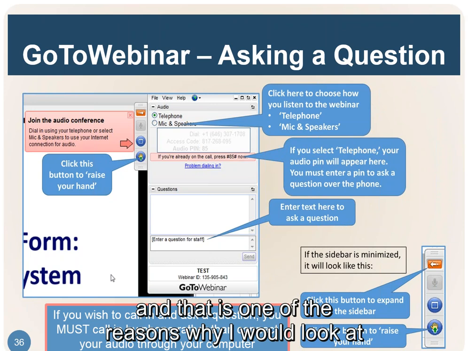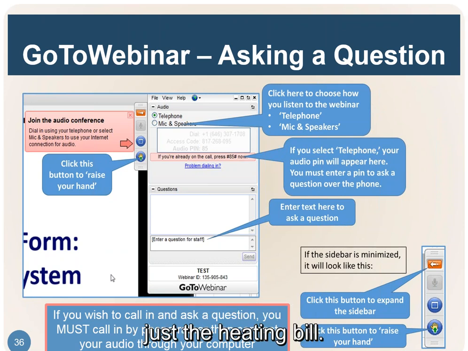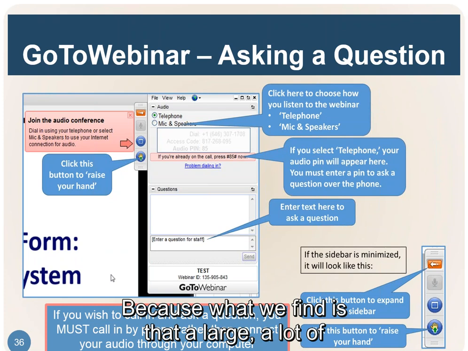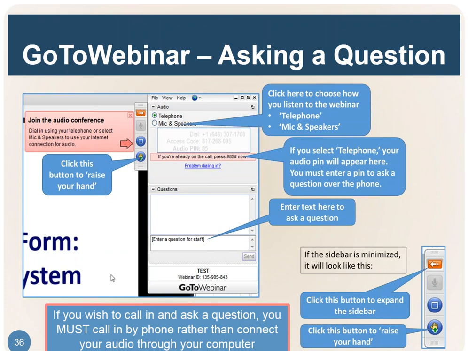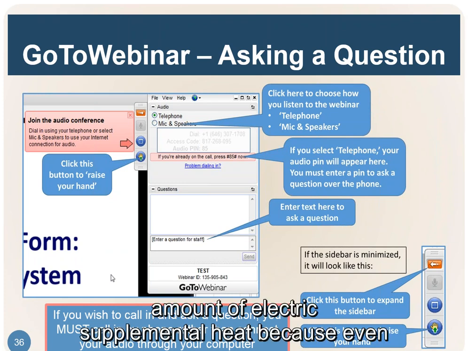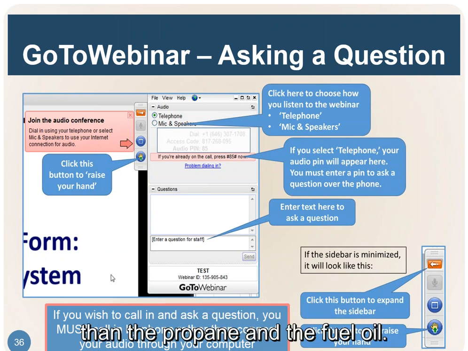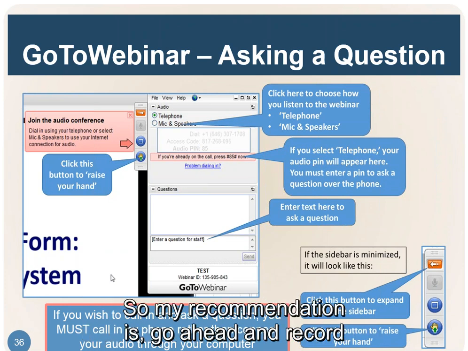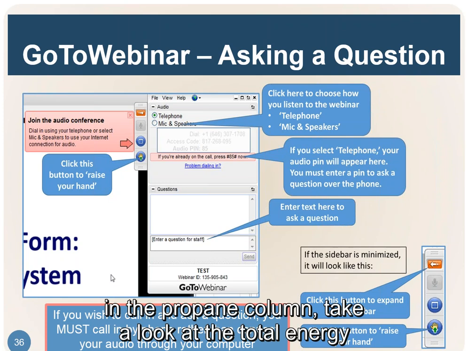And that is one of the reasons why I would look at the total residential energy bill rather than just the heating bill. Because what we find is that a lot of delivered fuel households are using a significant amount of electric supplemental heat, because even though electric is expensive, it's less expensive than the propane and the fuel oil. So my recommendation is go ahead and record those households in the propane line, in the propane column.